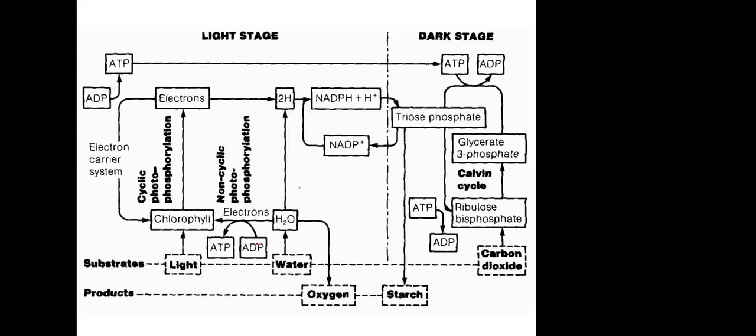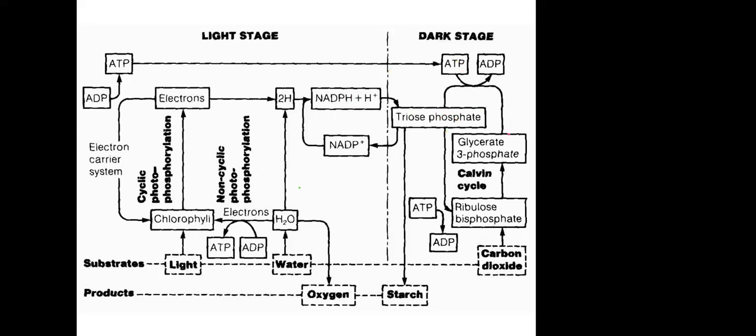Then the electrons from the splitting of the water are going to come and stabilize this chlorophyll molecule. And as they are doing it, somewhere we are going to have ATP being generated. And then these protons are going to be used to form reduced NADP, which is going to come into the dark stage and cause the formation of triose phosphate. Of course, the ATP that was generated here, together with this reduced NADP, are responsible for the formation of triose phosphate.